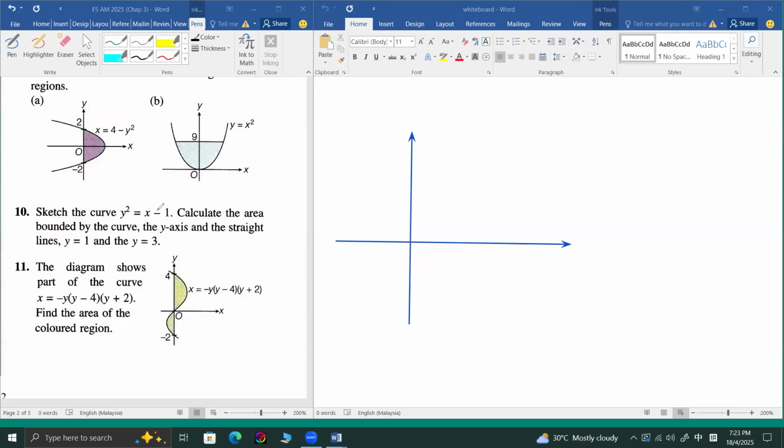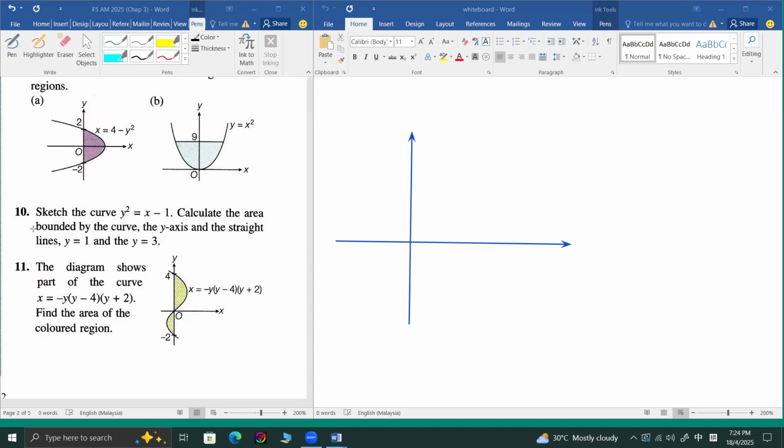Class is like normal, right? You remember when you sketch y is x squared like that one. So if you're not so sure how to sketch it, maybe you can find a few values using a table, like when x is 0, when x is 1, when x is 2, to find the shape of the graph.